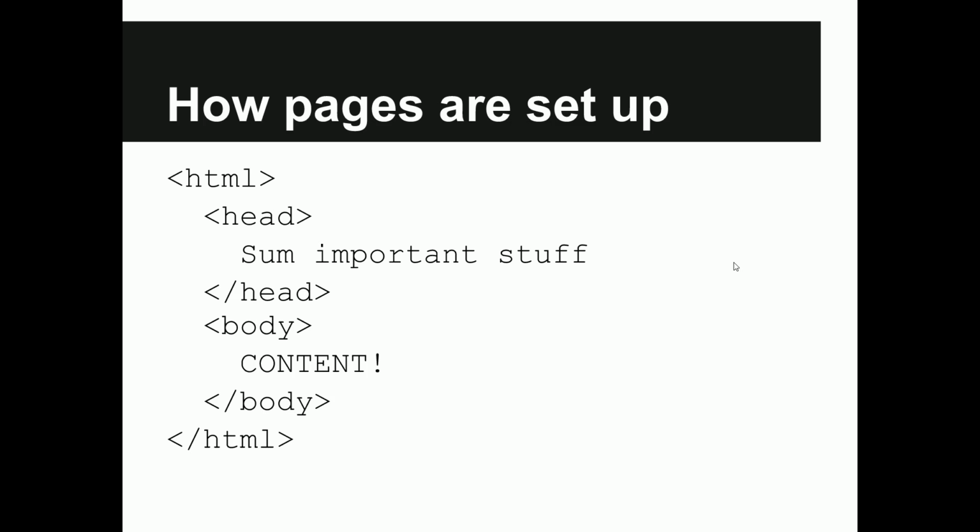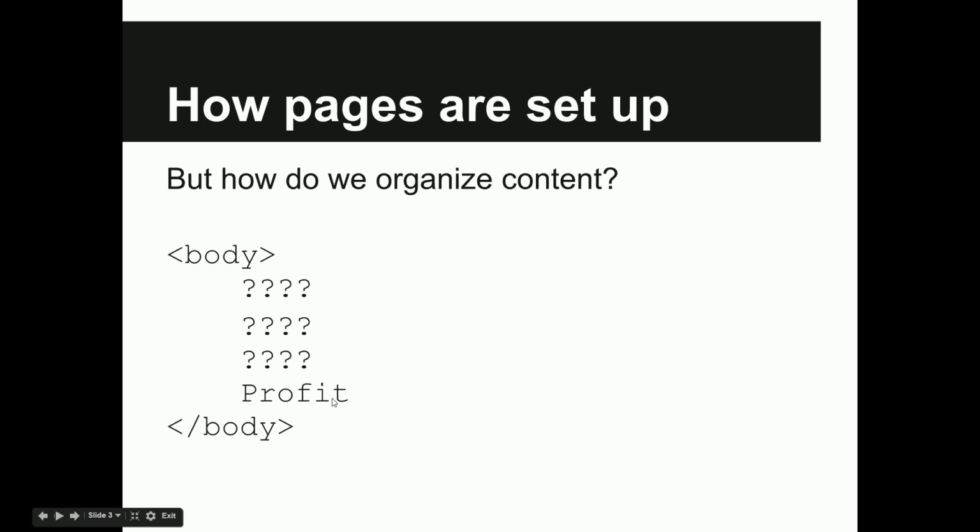So we already learned how pages are organized in general, which is that we have an HTML file with a head and a body. The head has some important stuff in it about the document, and the body has all the content. But how do we organize that content?